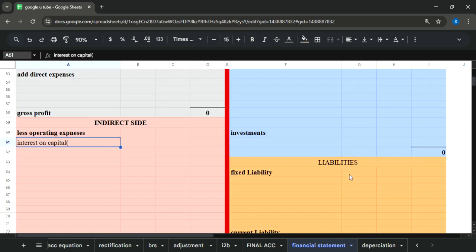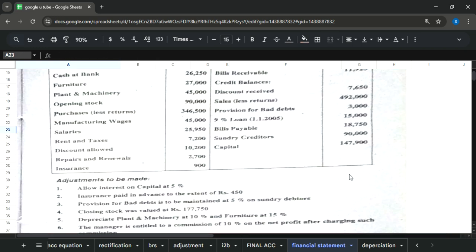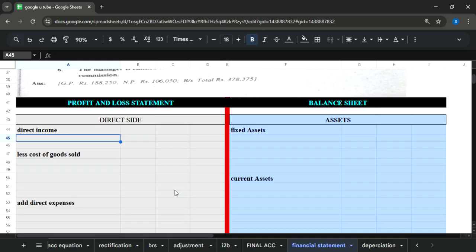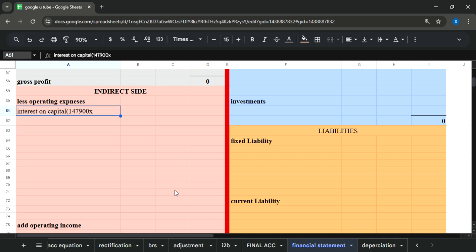Just put down 147,900. Now we need to decide what percentage is to be calculated. 5% is given in your adjustment, so simply you will multiply it by 5 divided by 100.